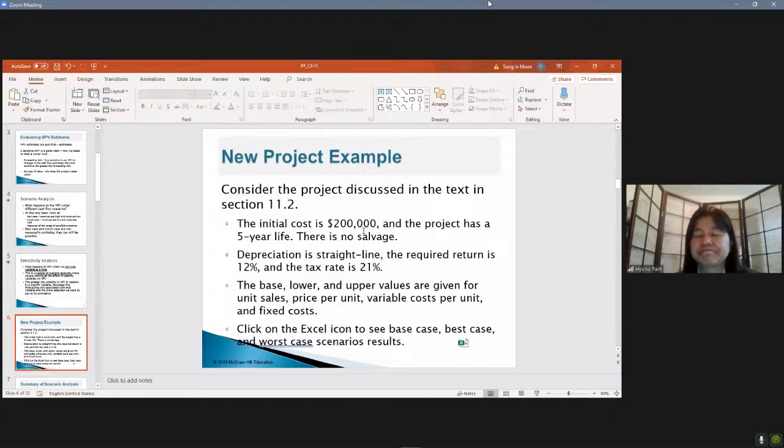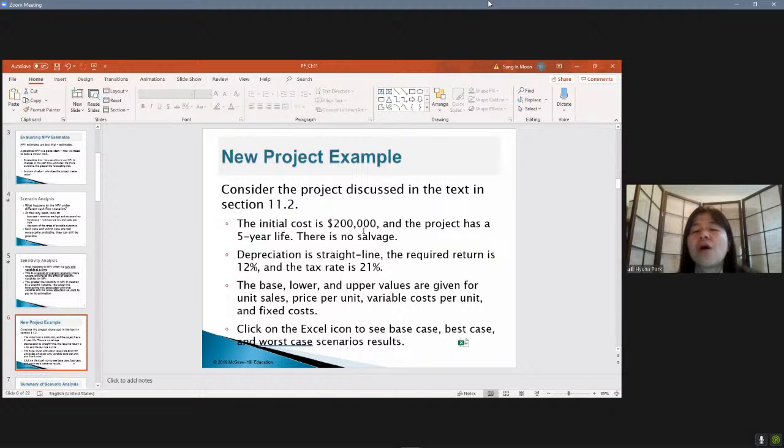So it's a very simple case. Depreciation is straight line, so the 200,000 initial investment is depreciated straight line for 5 years.